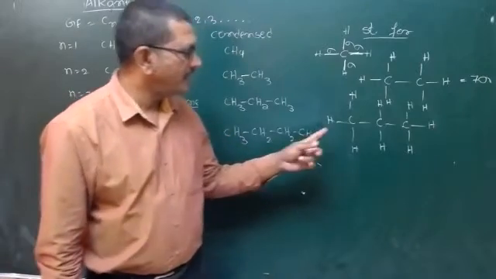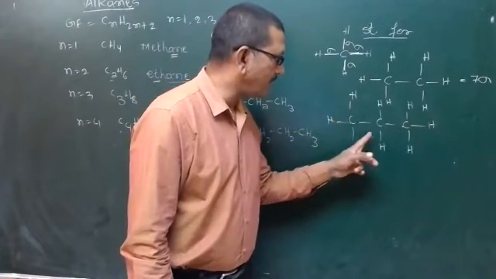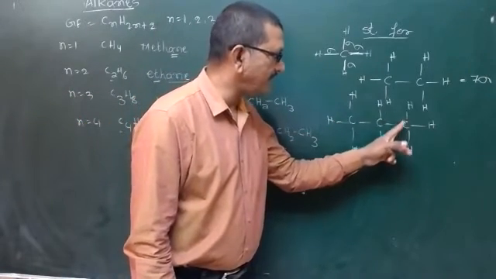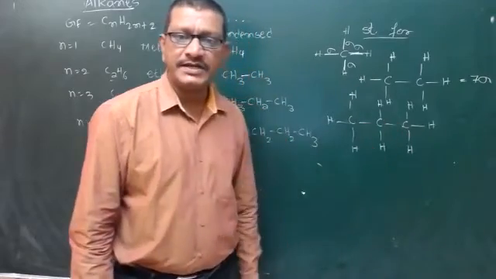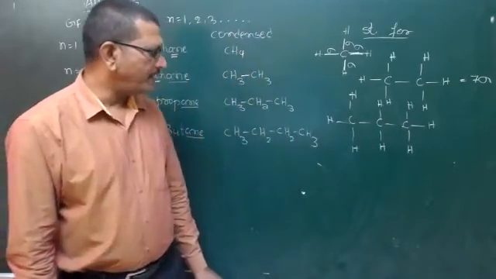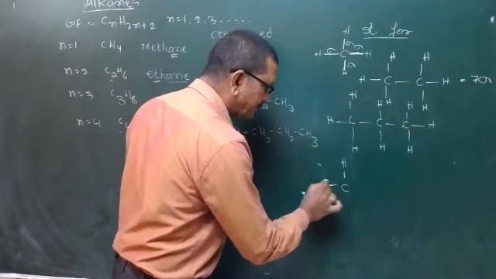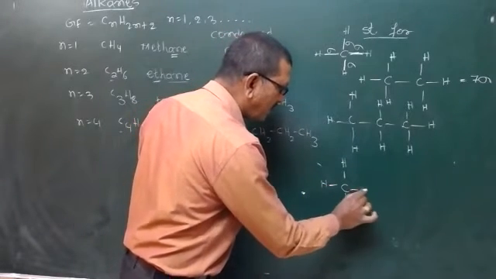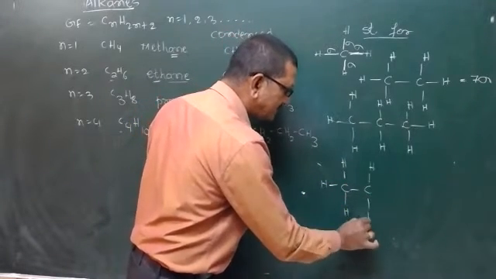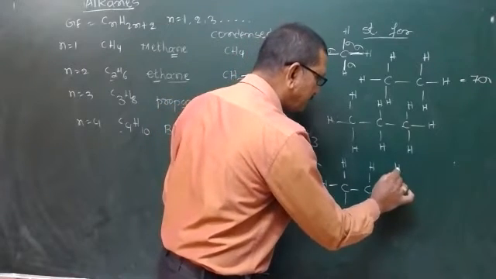That's why 1, 2, 3, 4, 5, 6, 7, 8, 9, 10 bonds are present in this molecule. Then the next one we can take is the structural formula of butane.